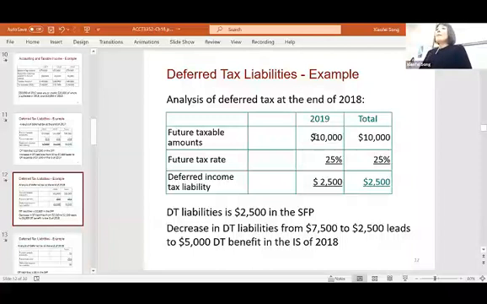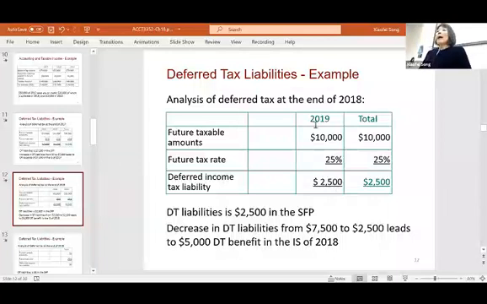So when that taxable difference amount is collected, it will be added to taxable income, and there will be 2,500 tax. And that's it. No more, right?